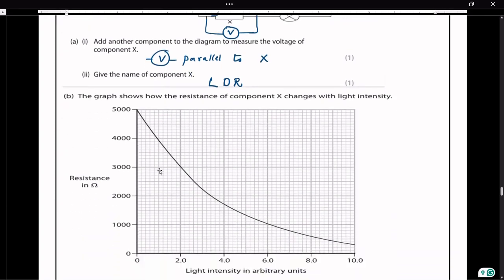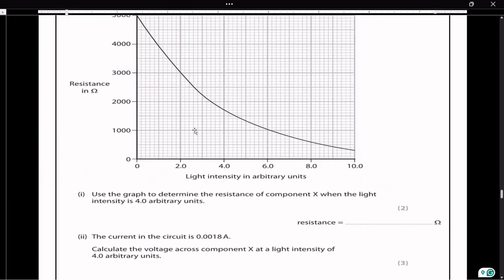Now the next part of the question: there is a graph given. Use the graph to determine the resistance of the component when light intensity is 4 arbitrary units. So 4 is here. At 4, what is the resistance? Use your ruler to draw the line to touch the graph, and then take the corresponding resistance.